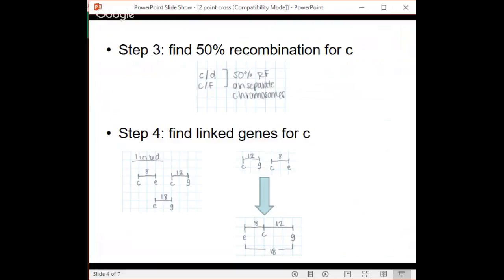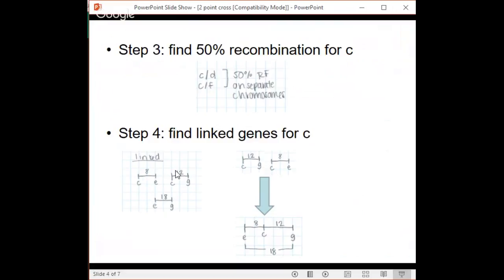So really what we're looking for here is everything but A, B, D, and F. So what's remaining is C, E, and G. So we go back to our data table and we find that C and E are linked with 8 centimorgans, and then C and G are linked with 12 centimorgans, and E and G are linked with 18 centimorgans.